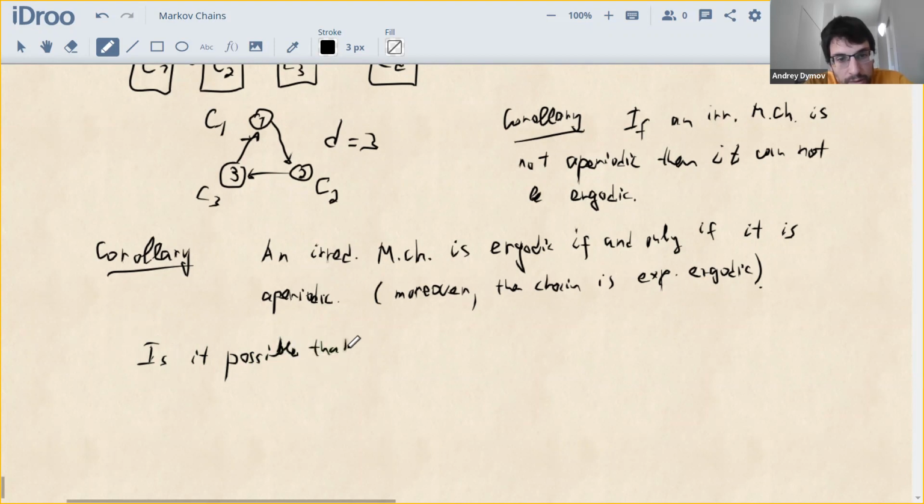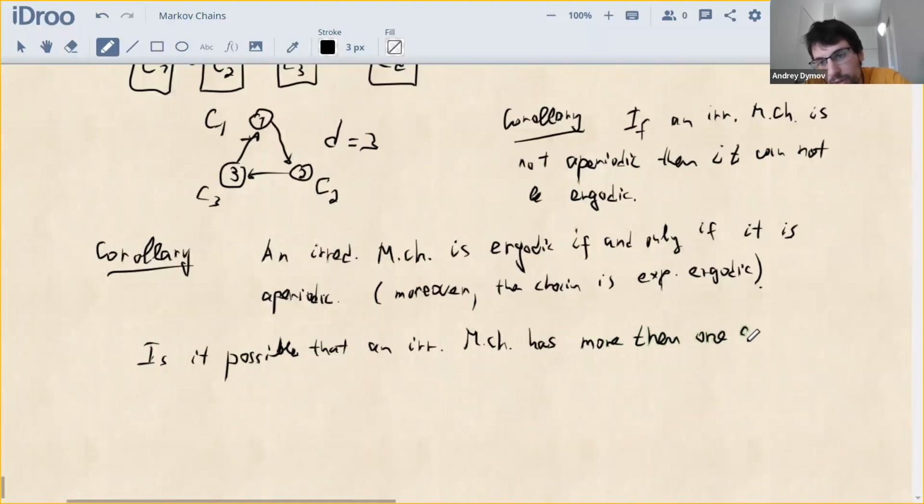So is it possible that an irreducible Markov chain has more than one stationary state?